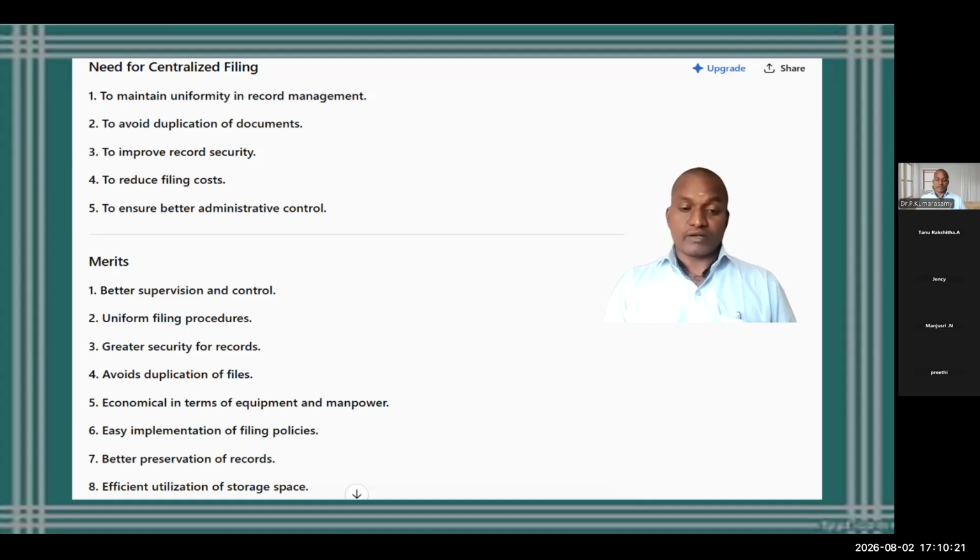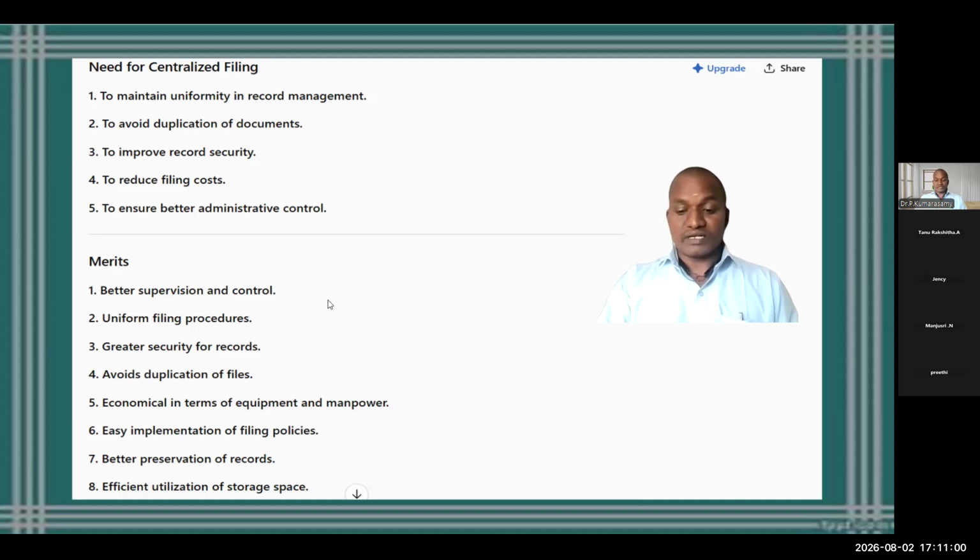So it's very economical. Easy implementation of filing policies, better preservation of records. The last merit is efficient utilization of storage space. We do not use different locations to store the files. We use only one location. So we can accurately arrange our files under a standardized format, standardized procedure.